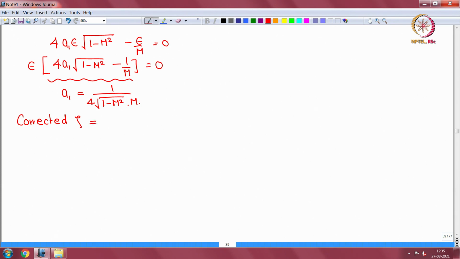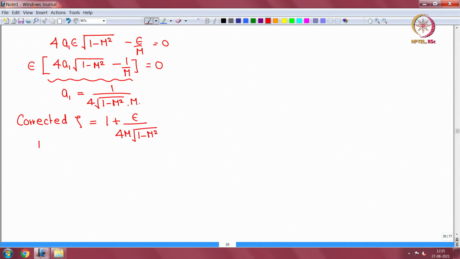Corrected zeta is given by 1 plus a1 epsilon, so I have epsilon divided by 4m square root of 1 minus m squared. We should remember that zeta is a non-dimensional thing.